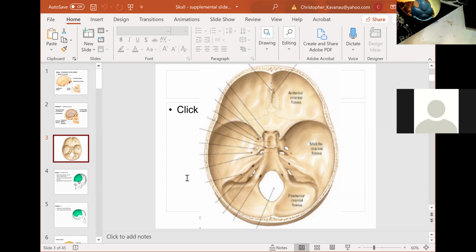I should get a little flashlight. But there you can see the posterior cranial fossa in blue. Let's see if I can figure out the lighting here. So down in here, okay, posterior cranial fossa. So these fossae are for holding the brain. The brain sits on these fossae. Okay. I think this particular view on the PowerPoint slide is easier than dealing with the shadows inside the skull here.